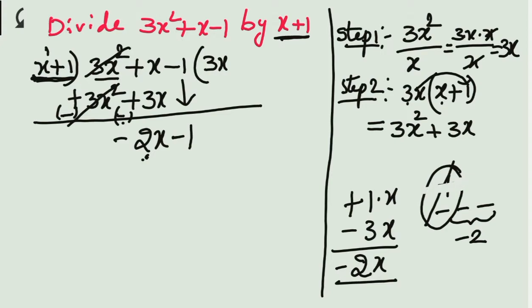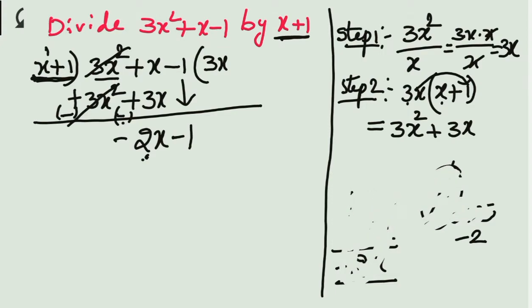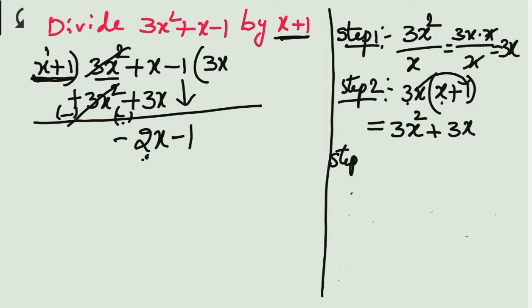In the next step also we consider the same steps. Step 3: we take the first term, minus 2x, divided by the first term of the divisor, x. x gets cancelled, you get minus 2.